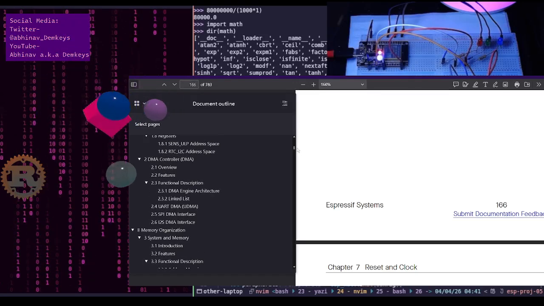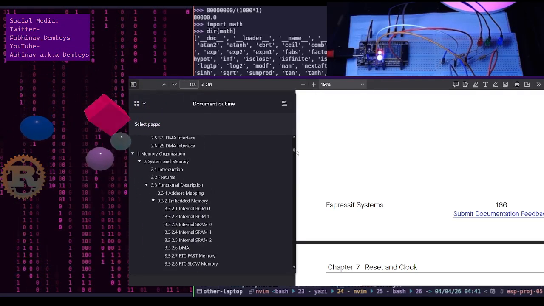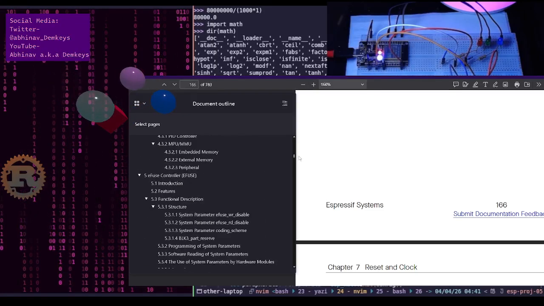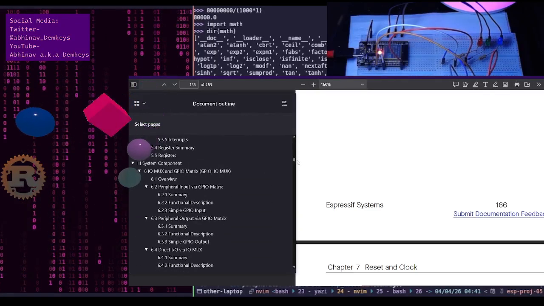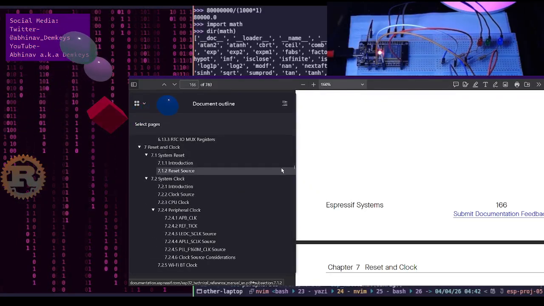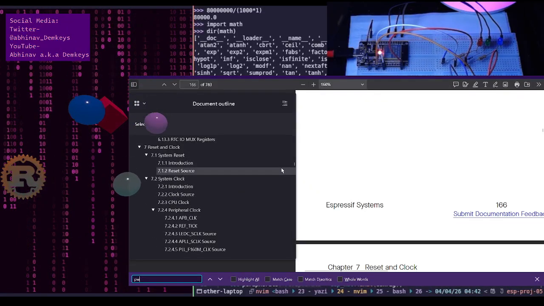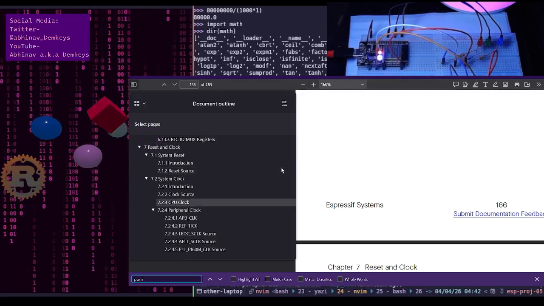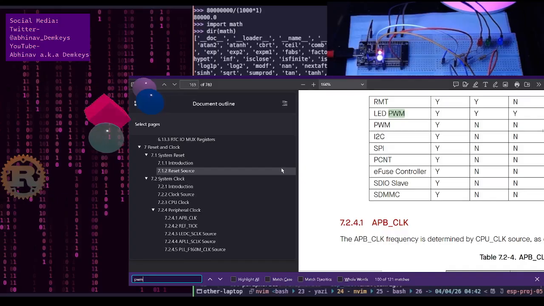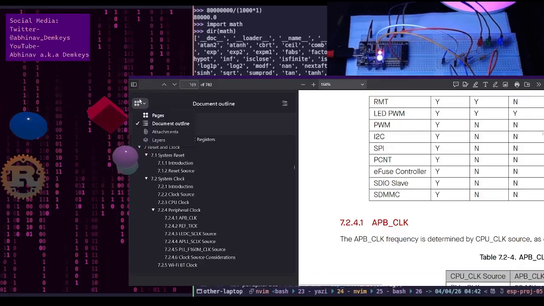Okay, so I see DMA there, memory organization, system and memory, eFuse. Is there a way I can search PWM? But what's it going to search in? Oh God, it found so many.